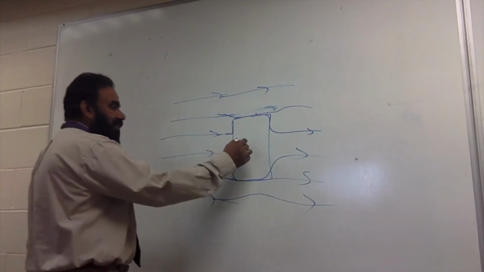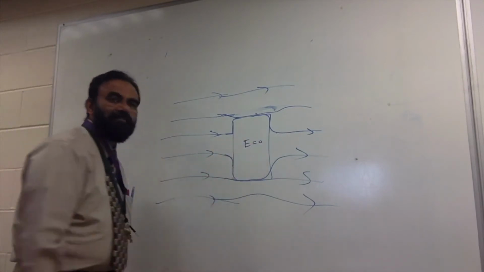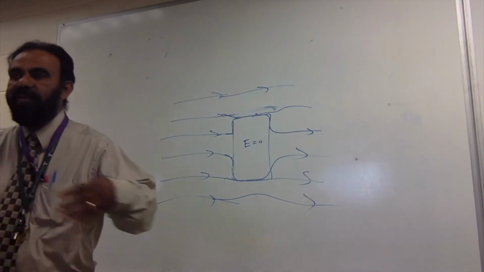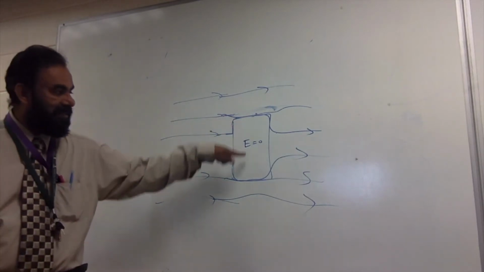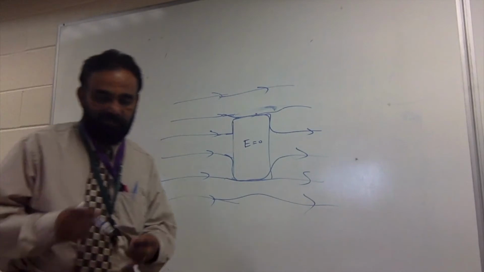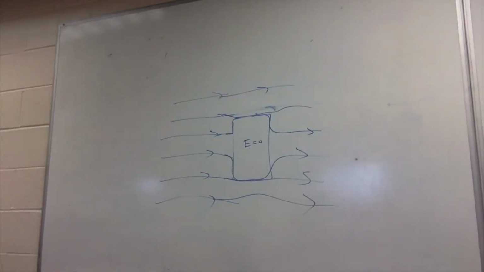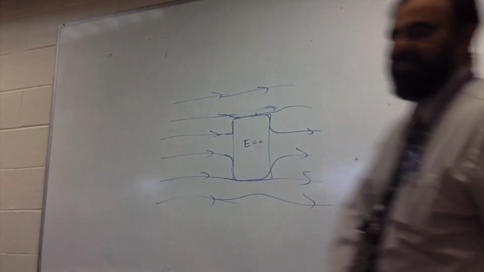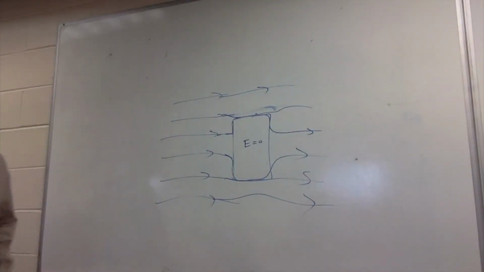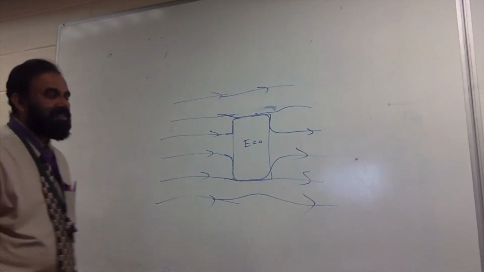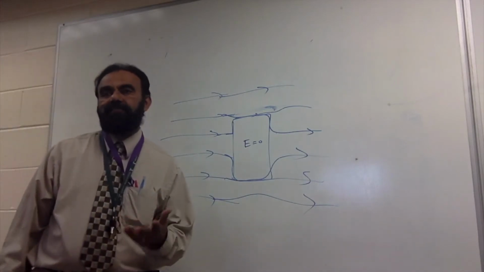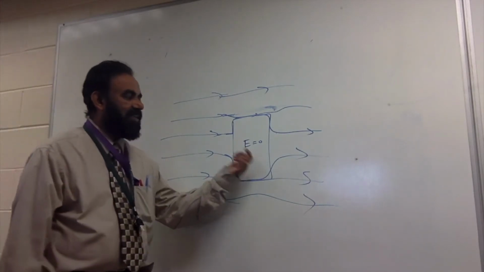So what will the field inside here be? Nothing. The field lines will run along this path. There's no field inside here. Okay. So electric field inside is 0. That's what happens. This is called electric shielding.